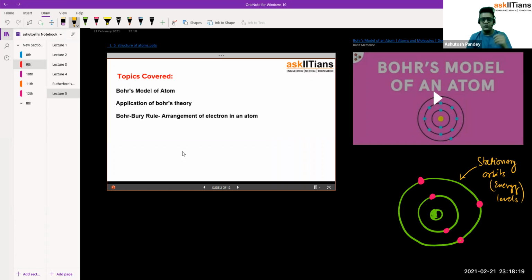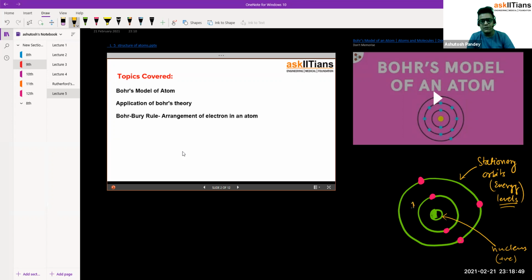Now, one more thing. So this was the nucleus. All the positive charge is centered here, and electrons carrying individual negative charges are revolving around this nucleus. The name energy level means that the first orbit, which is just outside the nucleus, will be called the first orbit.